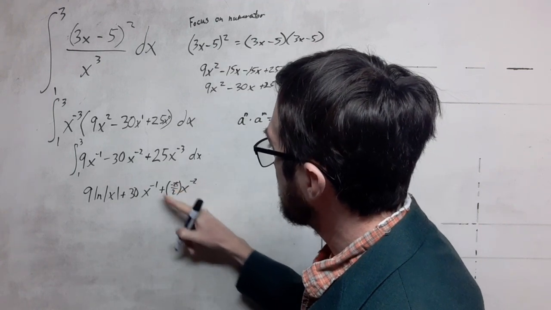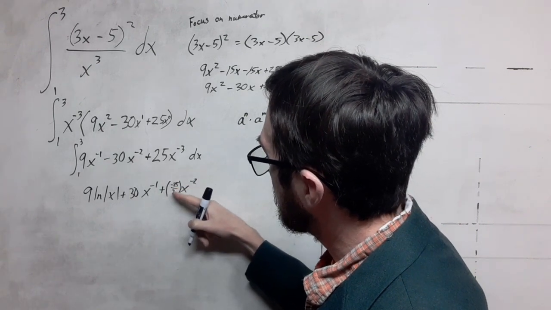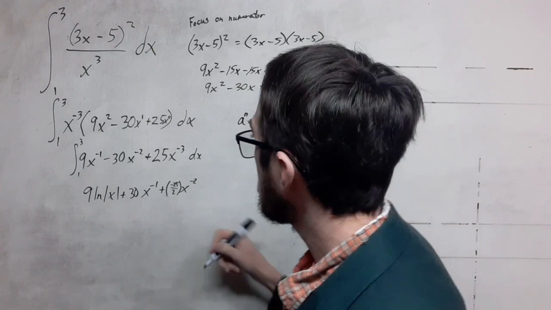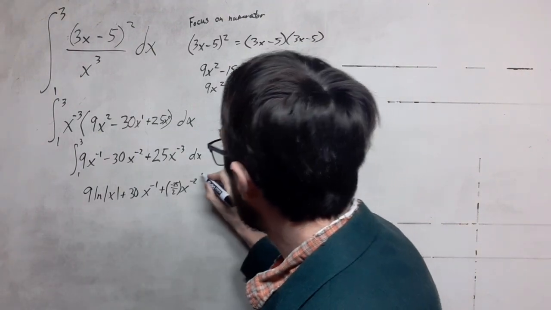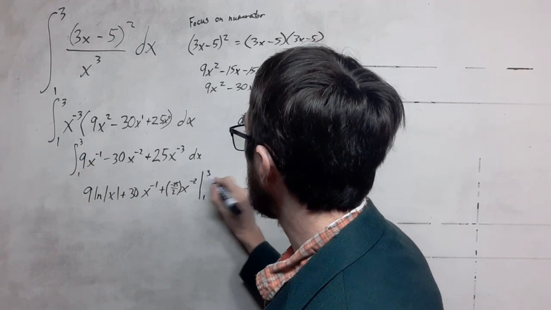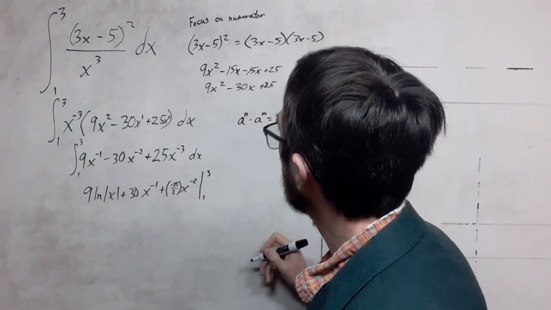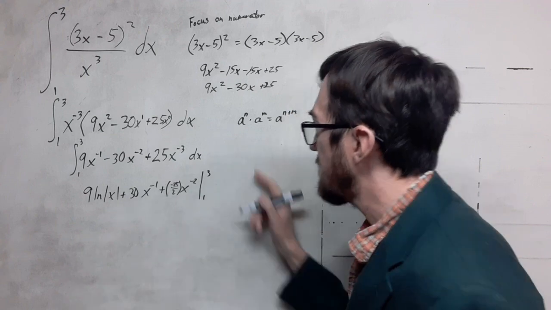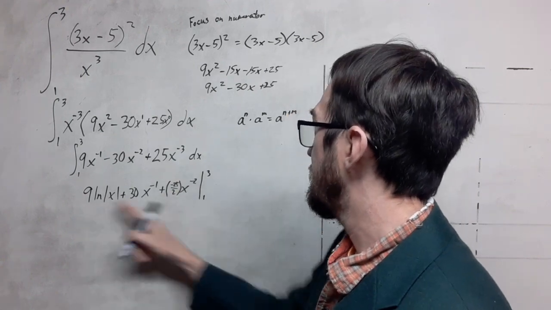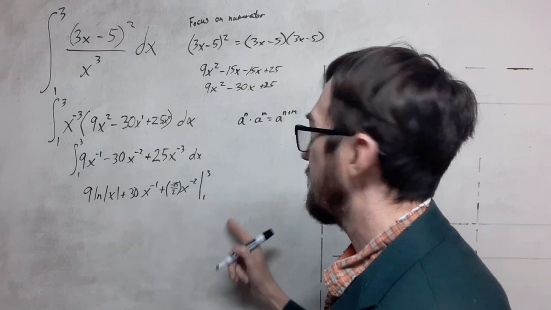So 2 times this will give us the -25, and then the negative times negative is the +25. All right, so this is what we have, and we are evaluating that from 1 to 3. All right, so then we just take turns plugging the 3 into this, and then we want the negative version of all of this with 1.